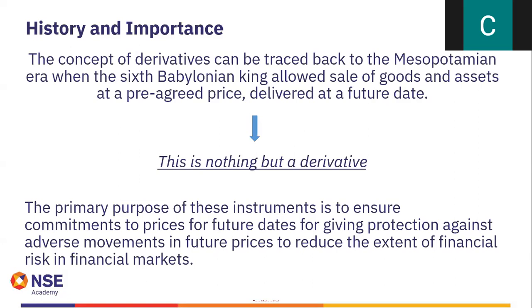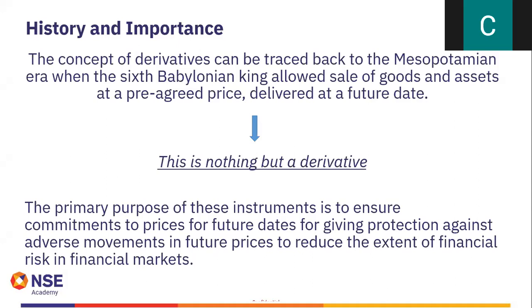The primary purpose of such contracts, or of derivative instruments, is to ensure commitment towards the price for future dates, giving protection against adverse movements in future prices, and reducing the extent of financial risk in financial markets.